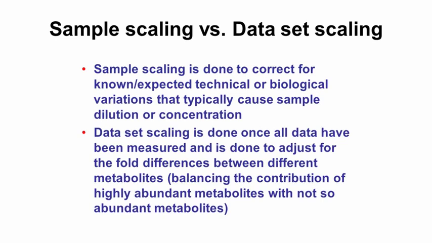Now, this scaling is done not only for statistical spectroscopy, but it can and often is done for deconvolution as well. Now, there's a difference between what I call sample scaling and data set scaling. So sample scaling is what we've just talked about, is essentially trying to correct for known or expected technical or biological variations.